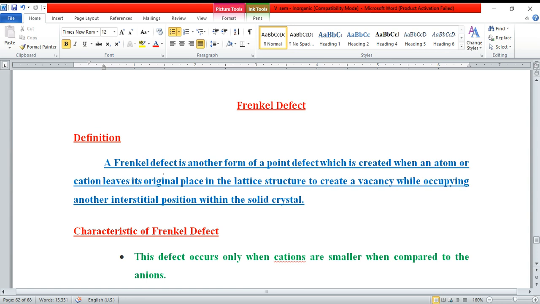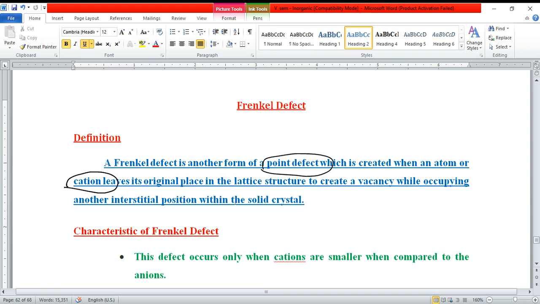According to the definition, the Frenkel defect is another form of point defect, which is created when an atom or cation, especially a cation, leaves its original position in the lattice to create a vacancy while occupying another interstitial position within the solid crystal.